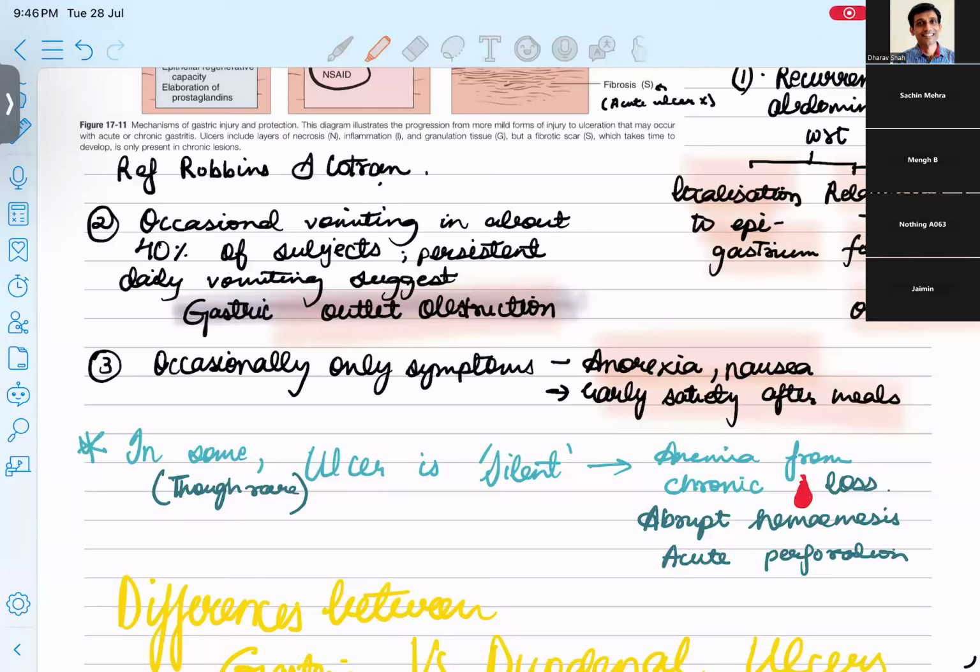So these complaints are often seen with gastric ulcer patients.